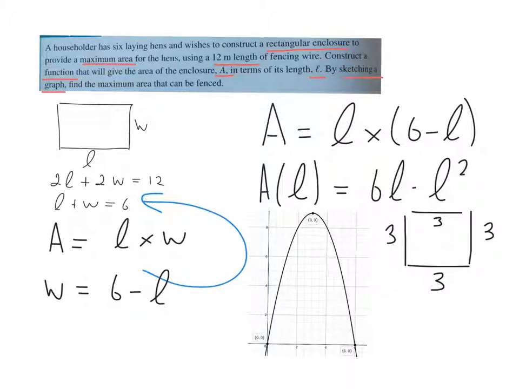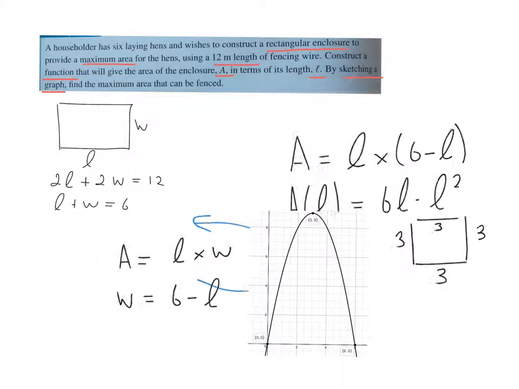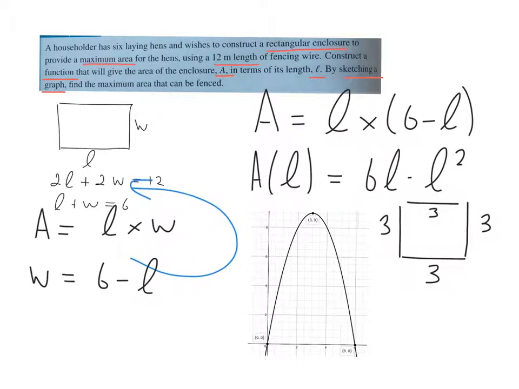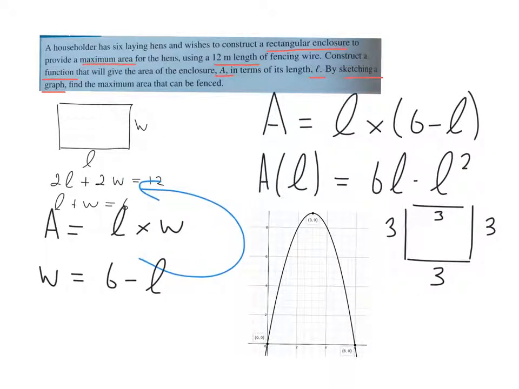Now, the other thing we can talk about in terms of this graph and how to use it is the domain. The domain in modelling using functions has to be the real world. You notice that the quadratic continues below the x-axis at both ends, but we know that the area of shapes has to be a positive area.